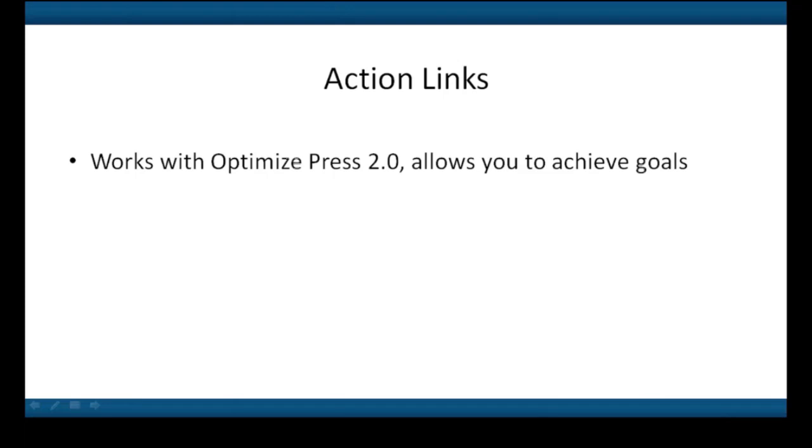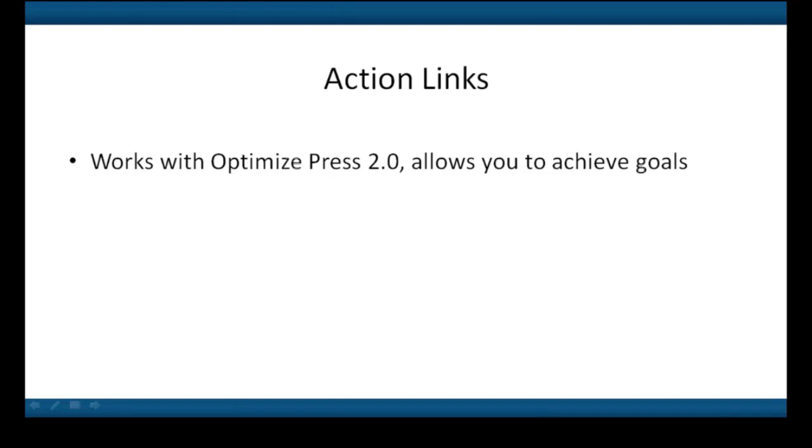They came to us and said, we want to be able to use Optimized Press 2.0 buttons, but fire off action sets, add tags, do goals, etc., based on if somebody clicks an Optimized Press 2 button. So we implemented a shortcode that lets you do that. You can add or remove tags, achieve goals, run action sets, all from a single shortcode.